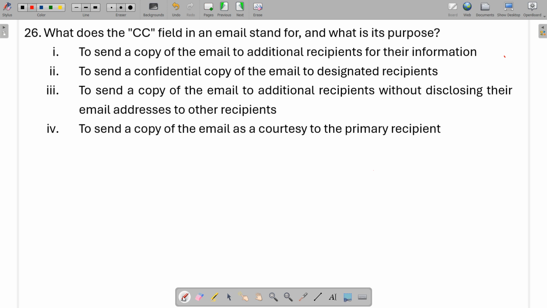So in a particular organization, if a manager is sending an email to one particular employee, he will put the employee's name in the To section, which is the main recipient, and in the CC section he will put some other responsible people who should know that this particular email has been sent to this main recipient.